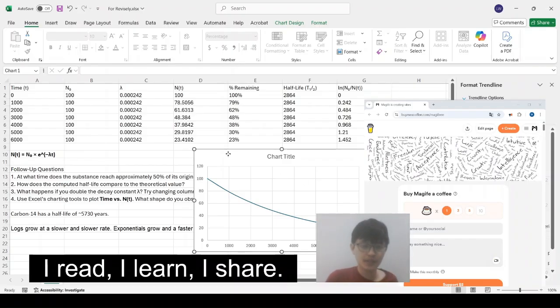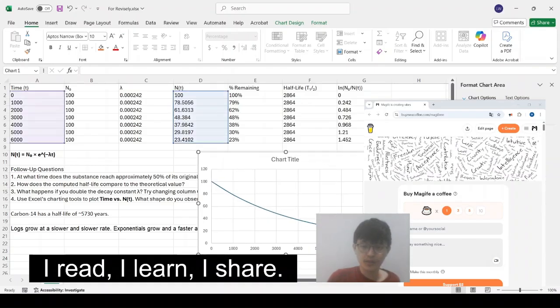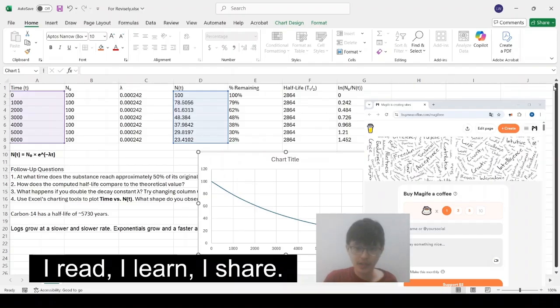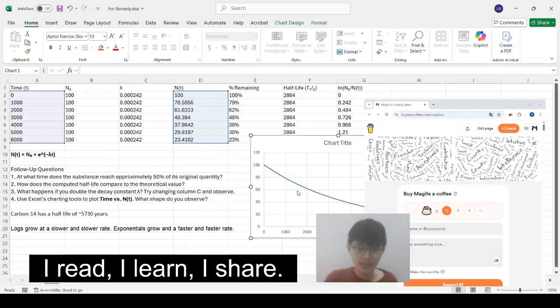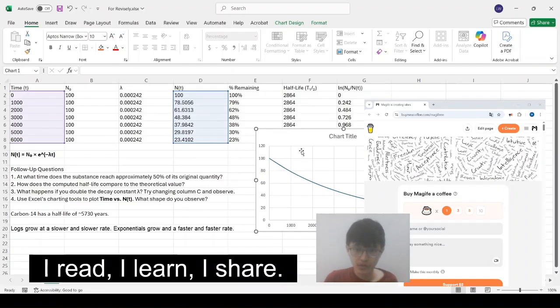Some math concept here. Whatever, we just proceed to the next part. So basically this is the graph. This axis is for time, this axis is the number of the substance. It will decay at a slower and slower rate.